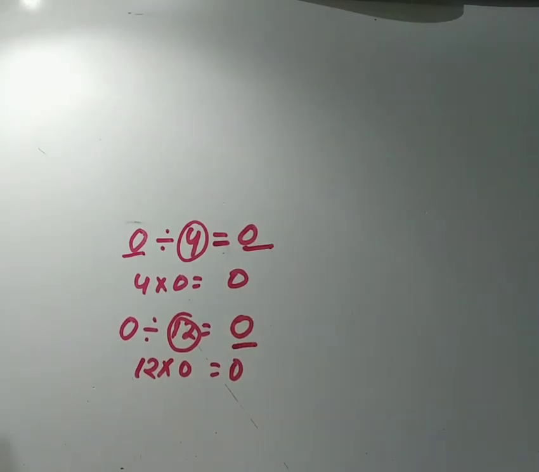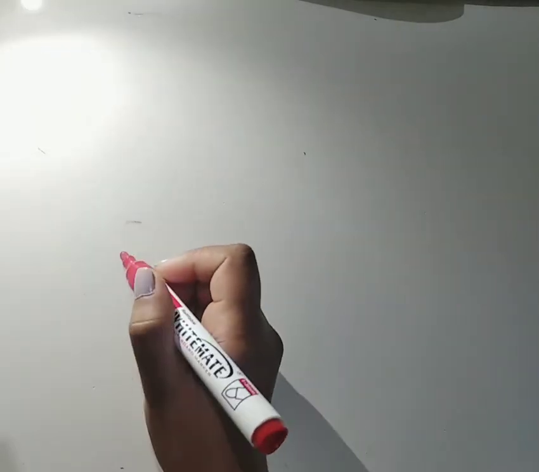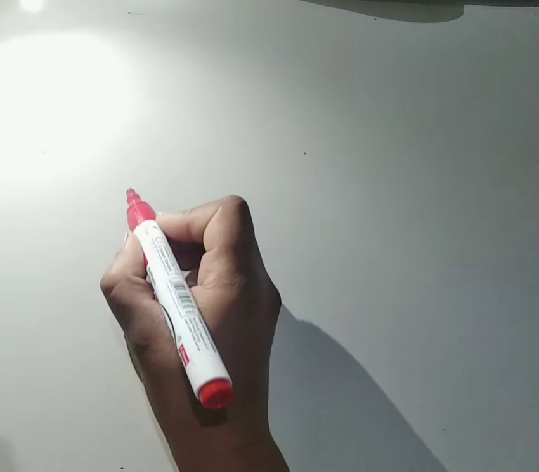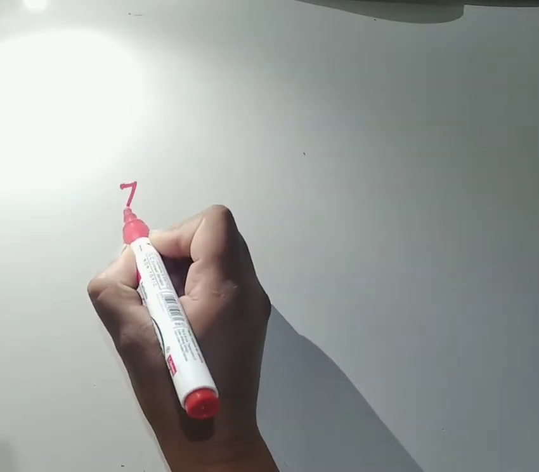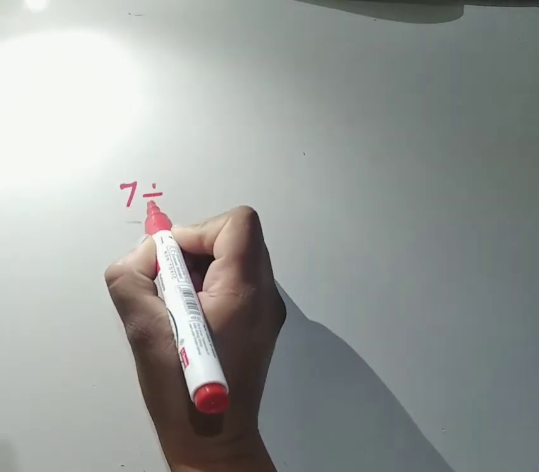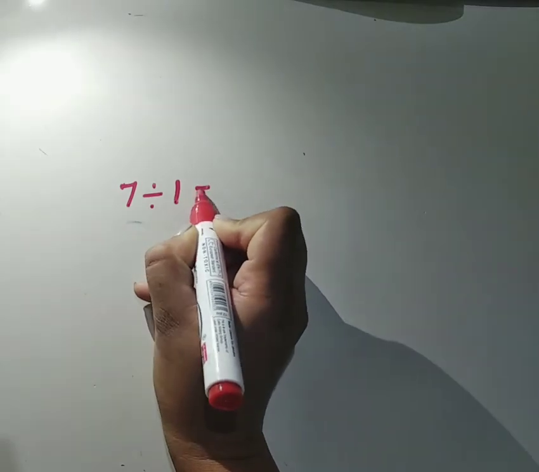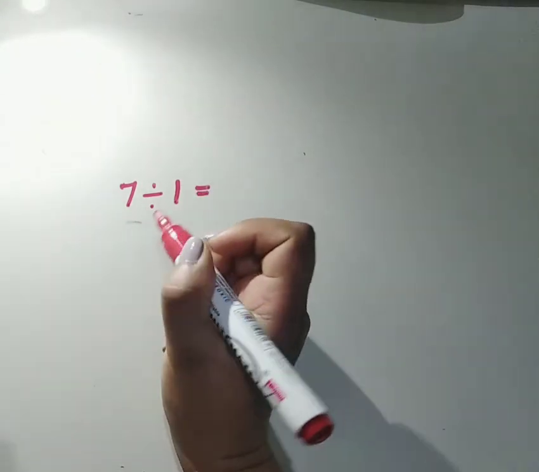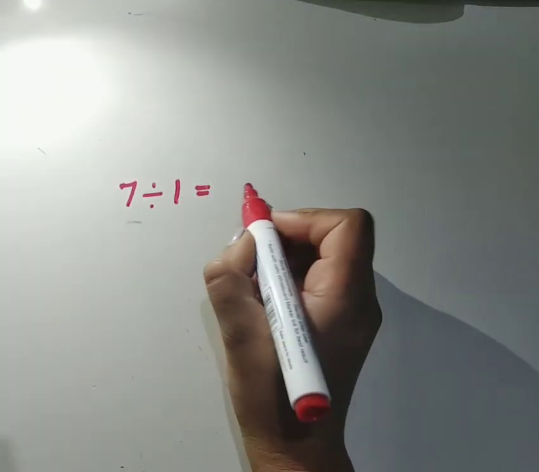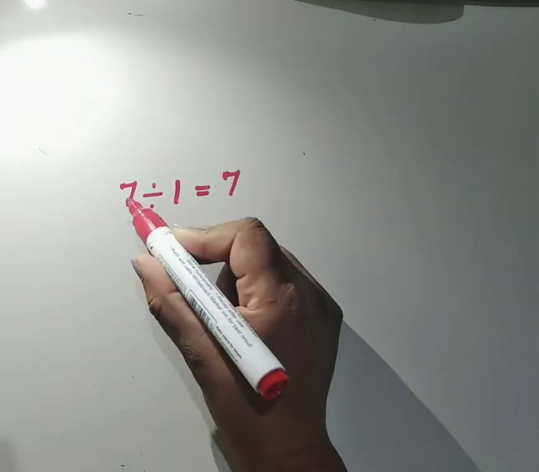Alright, so these were the 3 properties of division. Let us revise again. So the first property of division says, when a number is divided by 1. So when any number is divided by 1, what is the quotient going to be? The quotient is going to be the number itself.